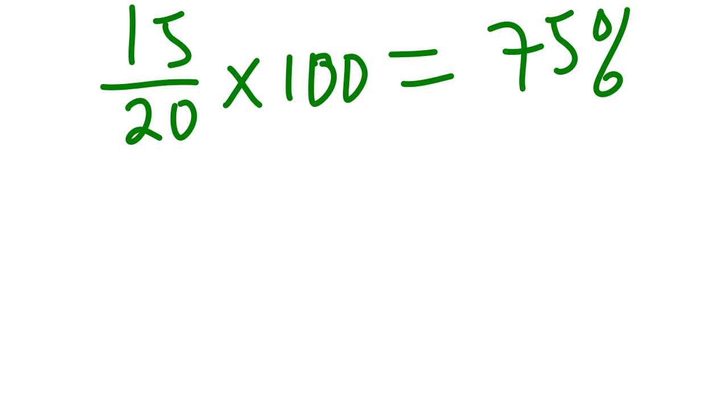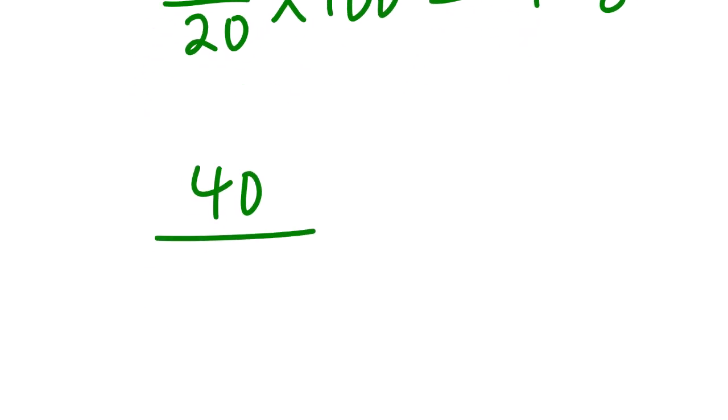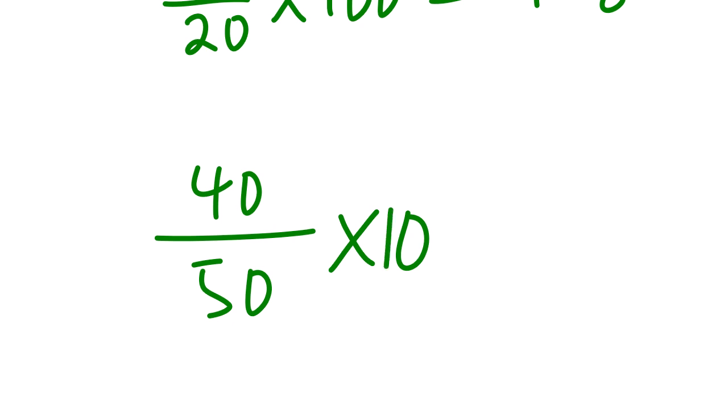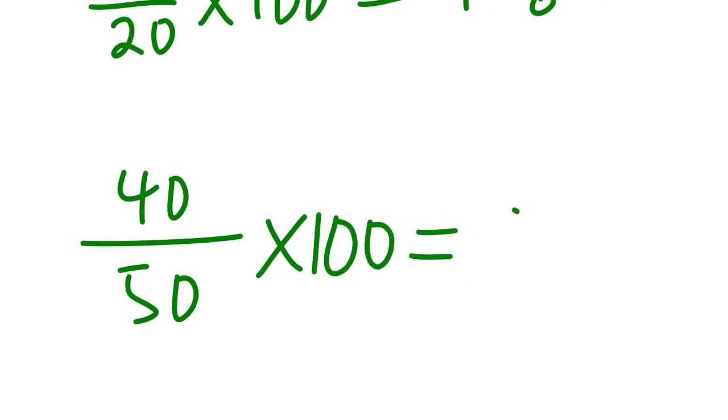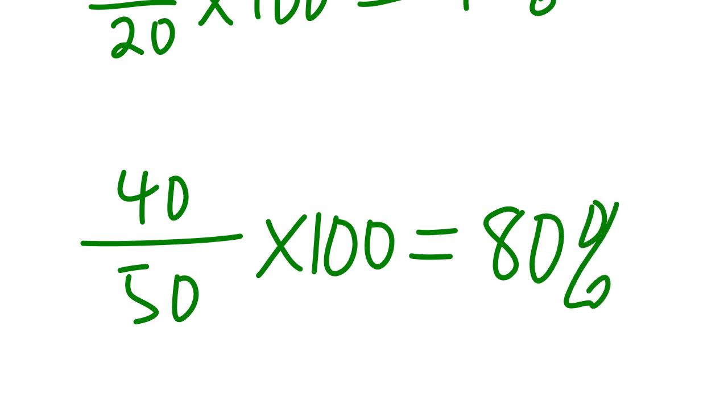If you have, let's say, 50 candidates, and from the 50, 40 passed the test. So you have 40 passed out of 50. What is the percentage of this? You just multiply by 100. If you multiply by 100, you end up getting 80%. So you have 80% pass.